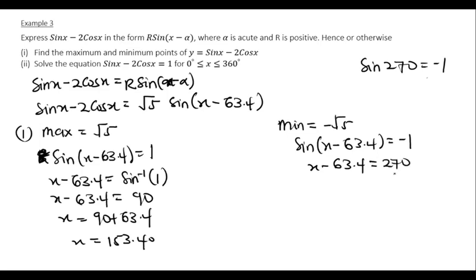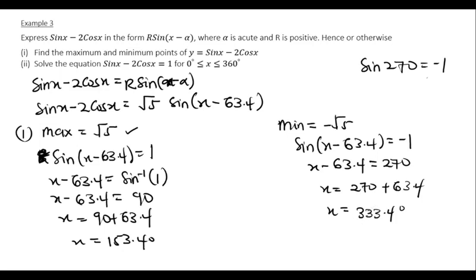Now if you punch this into the calculator, that is sine inverse of -1, we are going to get -90. So you add it to 360, and then you get the angle in positive. That is what we have over here. So the value of x is now 270 plus 63.4, and then the value of x is now 333.4 degrees. So it means the maximum value is √5, and it occurs at the angle 153.4 degrees. The minimum value is -√5, and it occurs at the angle 333.4 degrees.